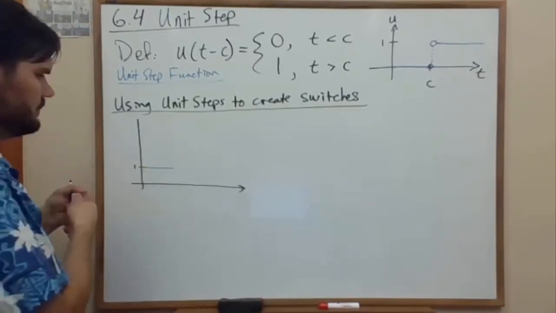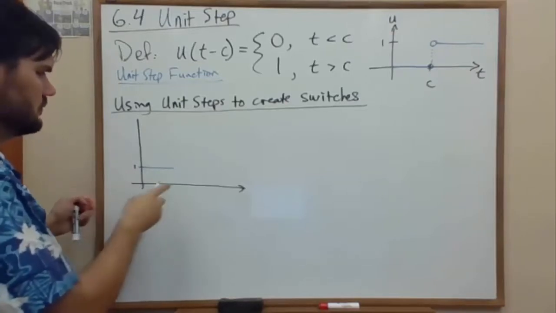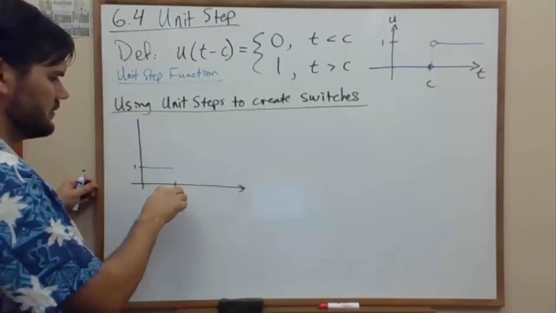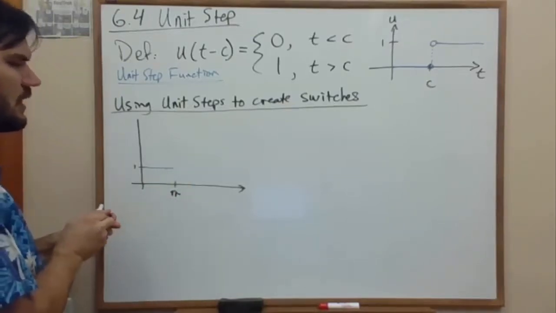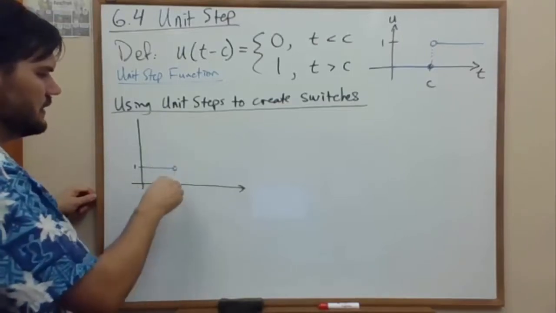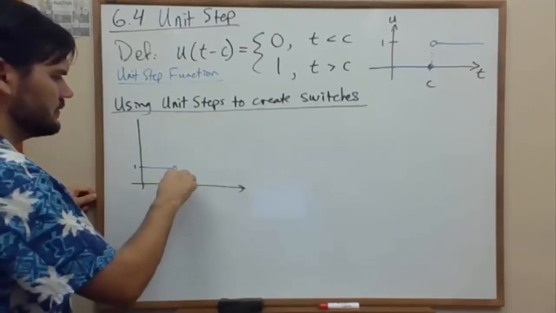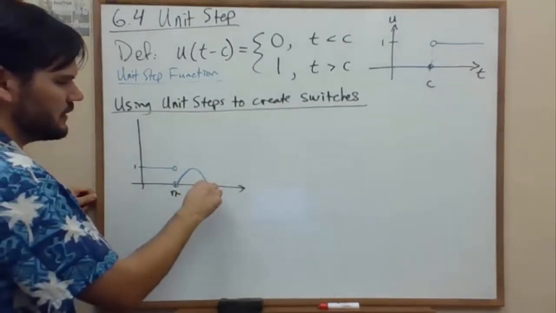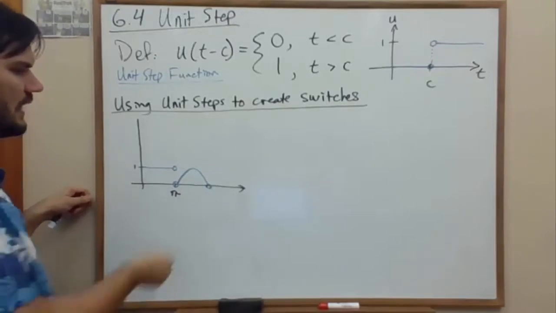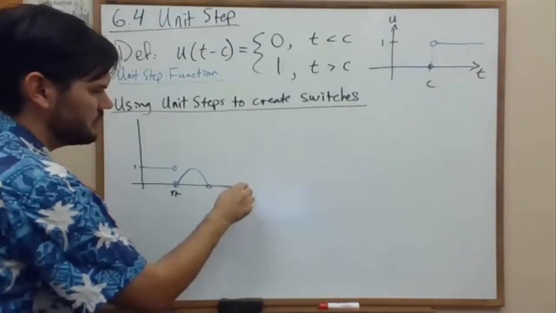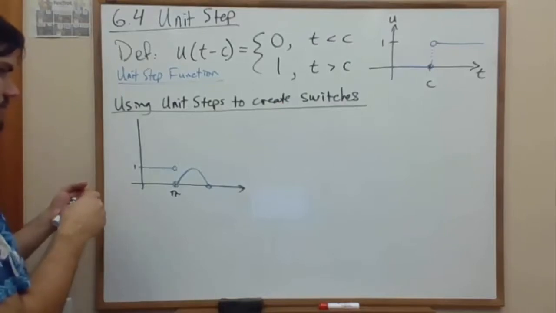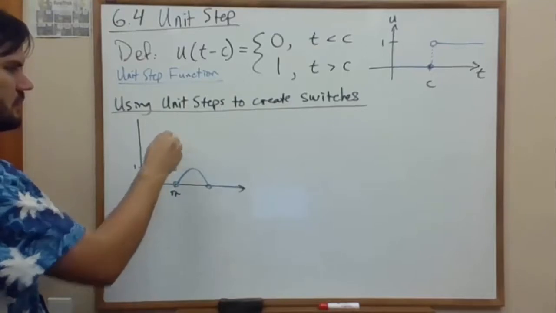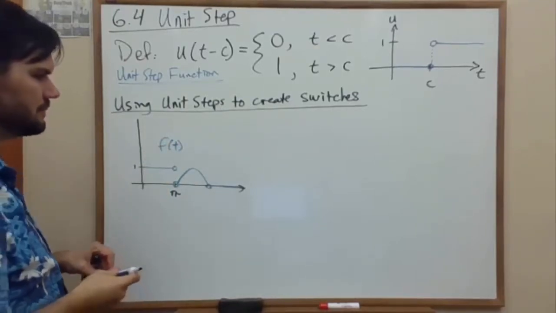And then at a certain time, let's say pi, we turn off this constant 1 and we turn on a sinusoidal function, which then turns off when it crosses, and then will stay zero. There's a graph of our f of t. So let's figure out how to describe it.